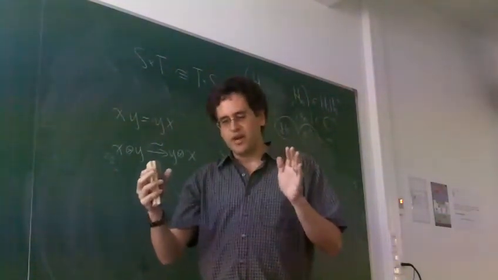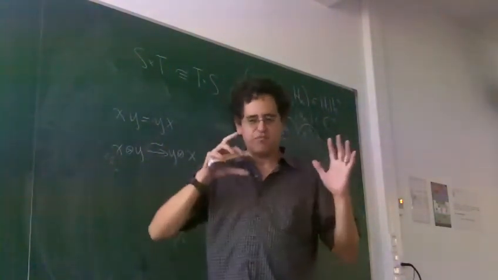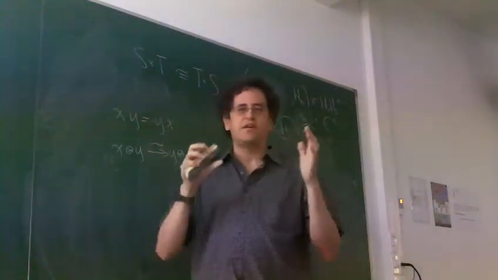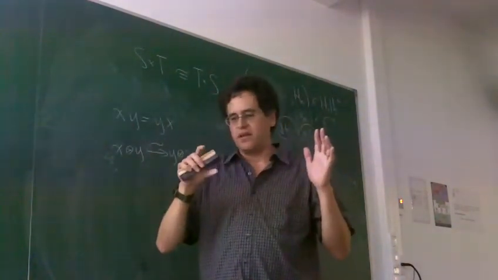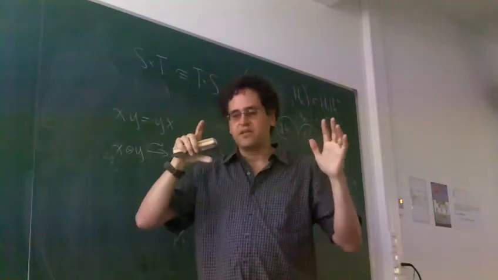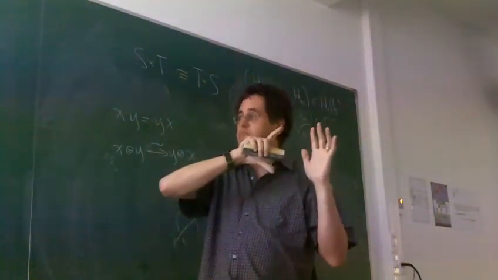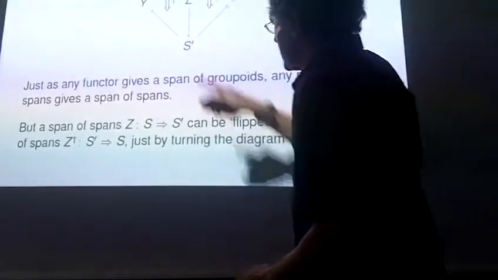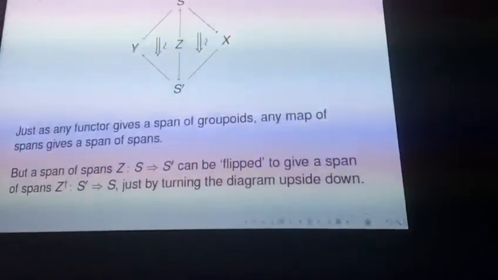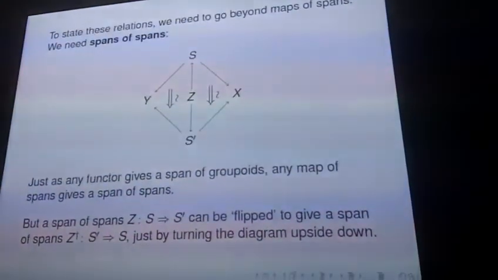In the formalism of quantum mechanics, a process is not a function in the literal sense. It's something that you can reverse always, even if it's not invertible. And that's what this is letting us do for the maps between spans. Now we work with spans of spans.